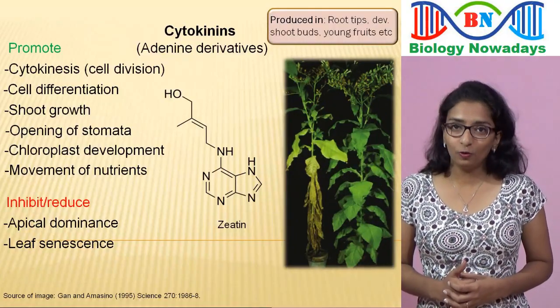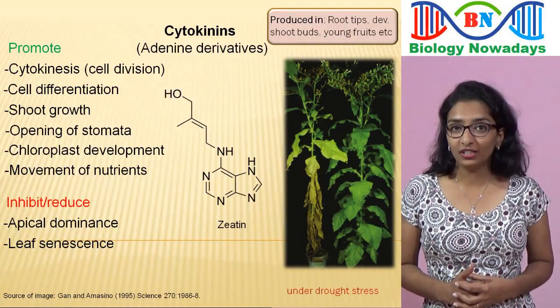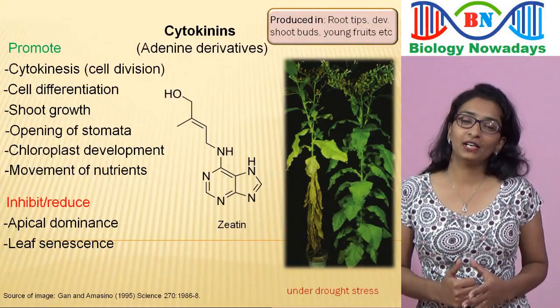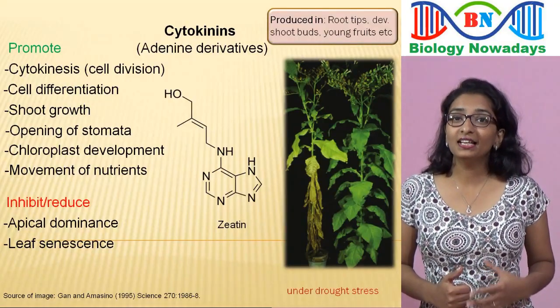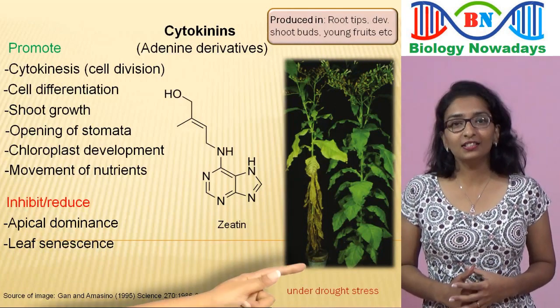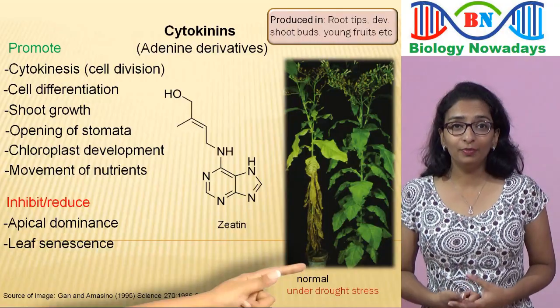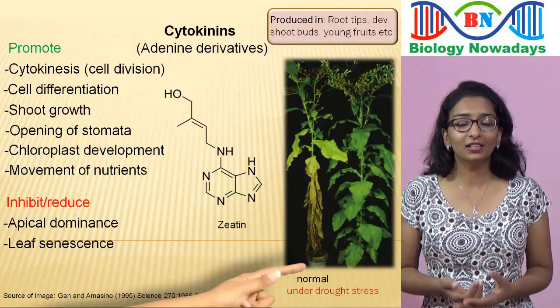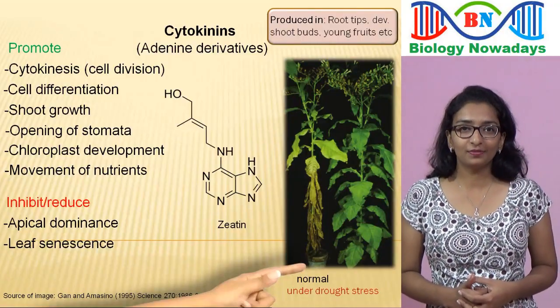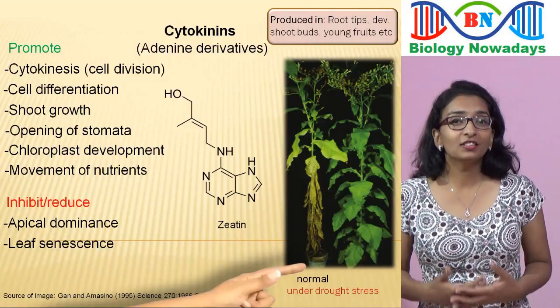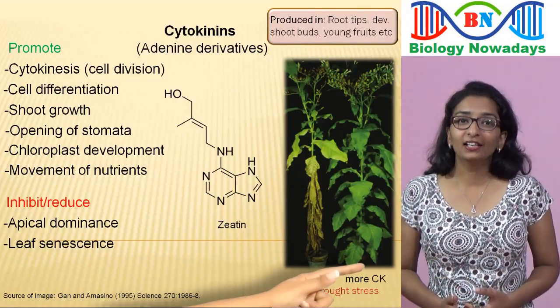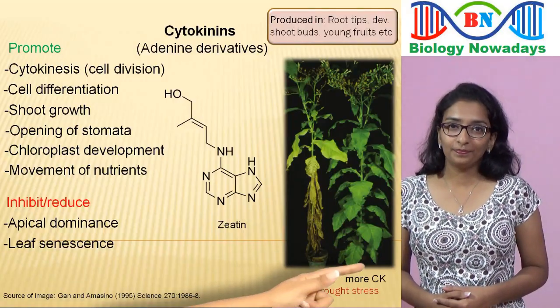Here, these two tobacco plants were grown under drought conditions for the same period of time. The plant that has fewer green leaves is a normal plant. There is no surprise that its leaves have become dry because that's how a plant reacts to a drought condition. The plant with lots of healthy green leaves is a genetically modified plant.